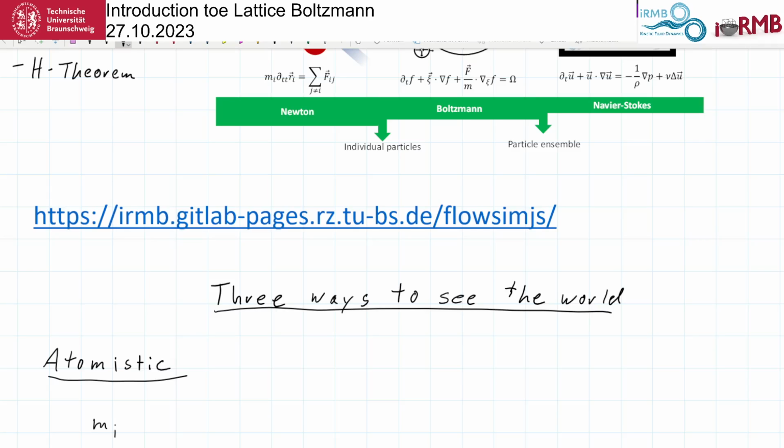This is why there is an m_i, the mass of particle i, and this particle has an acceleration also associated with it, whether atom or molecule, and this will change according to forces F_ij when we sum over j.